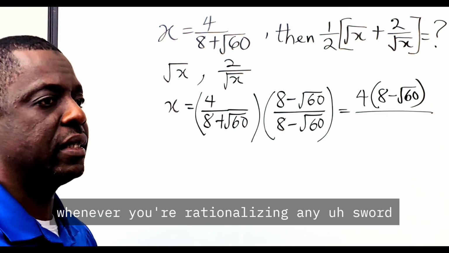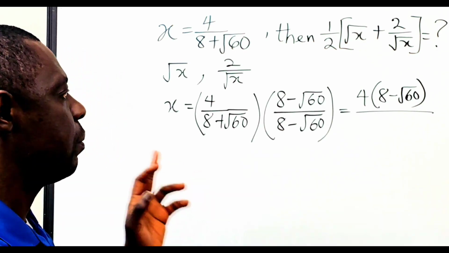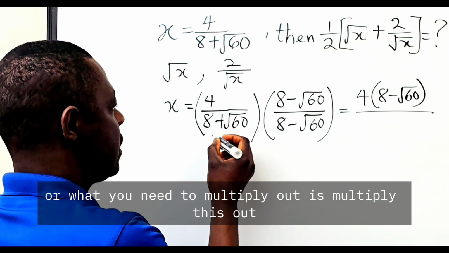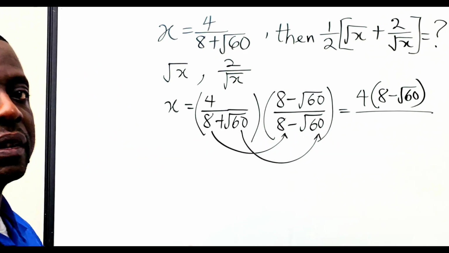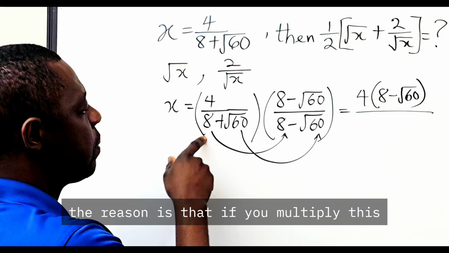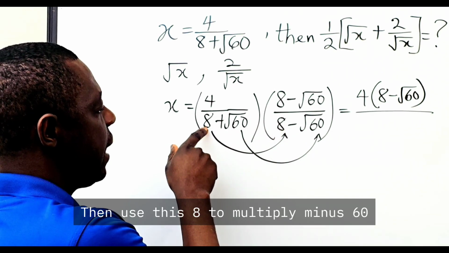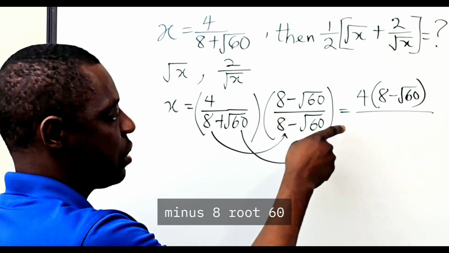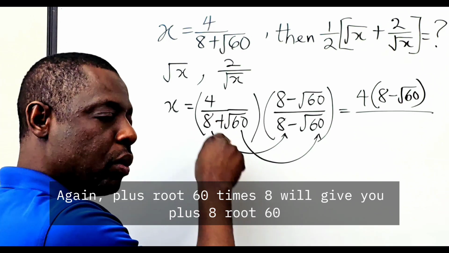Whenever you're rationalizing any surd, don't waste too much time, because what you just need to do is multiply this out and multiply this out. If you multiply this, you use 8 times 8, 64. Then use this 8 to multiply minus 60, that's minus 8 root 60. Again, plus root 60 times 8 will give you plus 8 root 60.